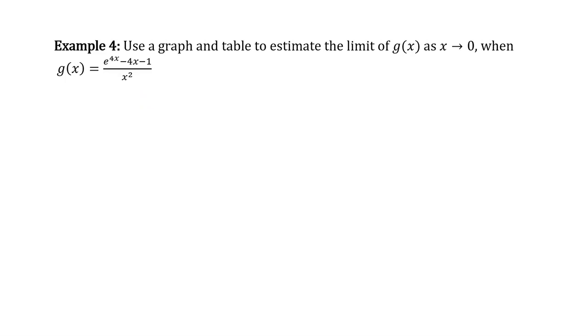Make it easy on yourself. Use your calculator to graph it. Be careful of your parentheses, that you type it in correctly. You'll need parentheses around your entire numerator here so that your calculator reads it correctly.